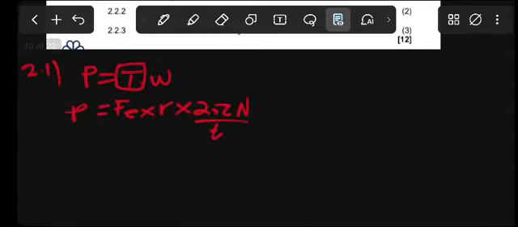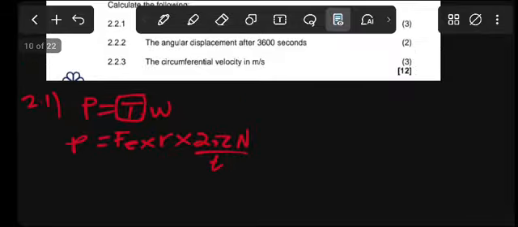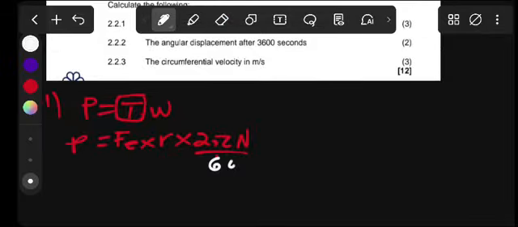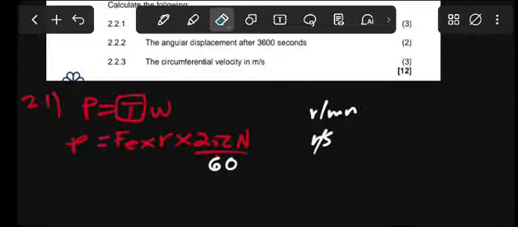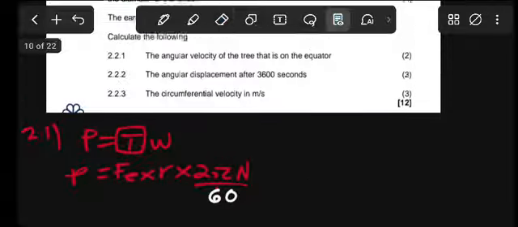We know that this time must be 60, so that you know, because you use 60 if you have been given this in revs per minute. But if given in revs per second, you don't include that 60.